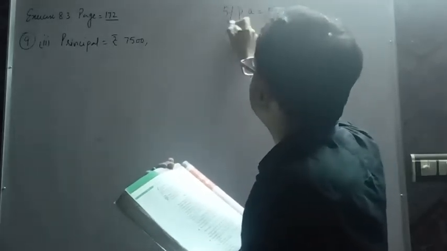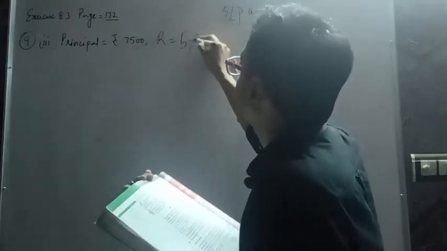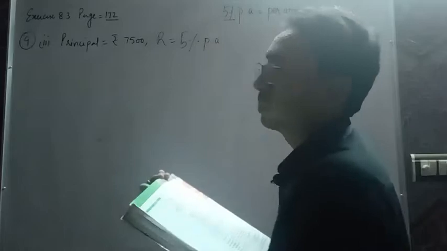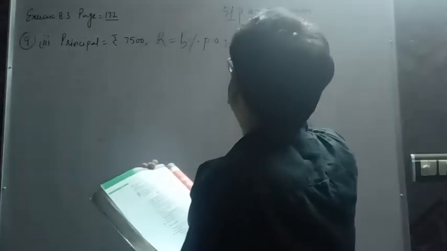PA means per annum. Understand? Per annum means for the complete year. So that is why we write 5% per annum, which means rate is given. R is equal to 5% per annum. And time is already 3 years.